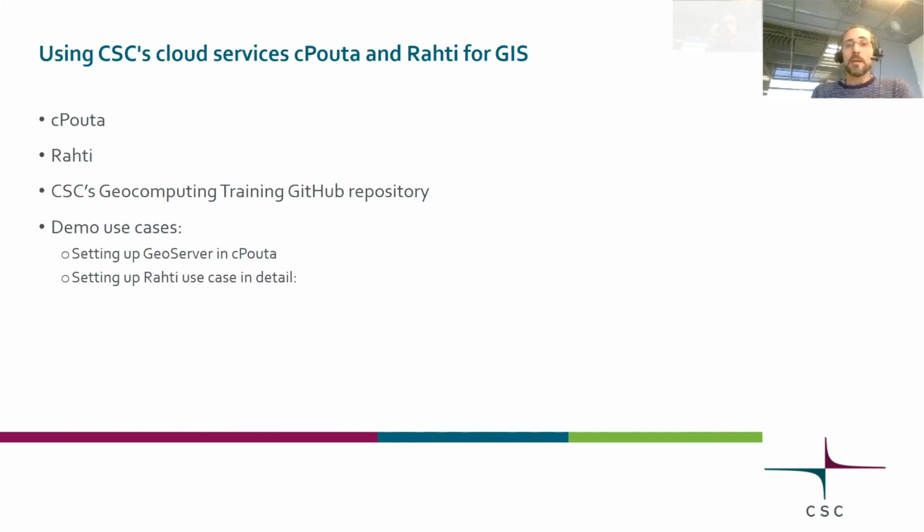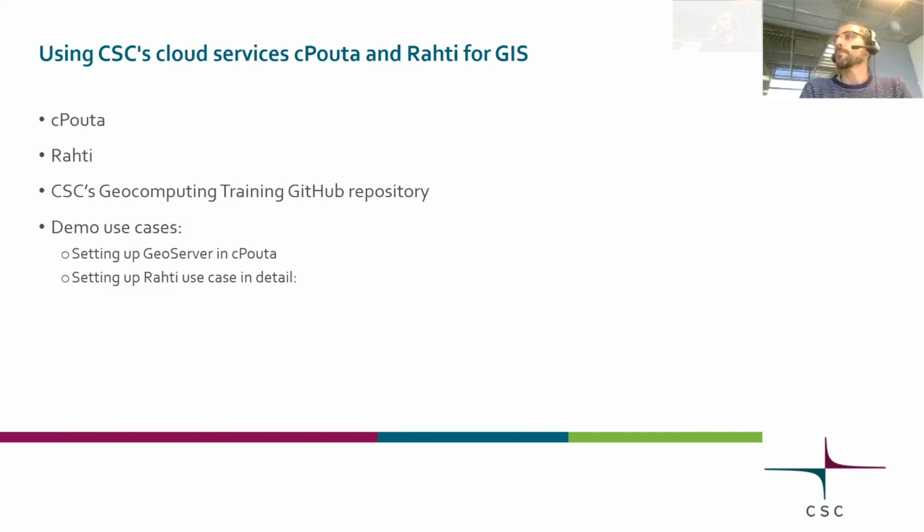But I wanted to present today our two main cloud services in CSC, and these are CPouta, or actually Pouta in general, which is a platform where you can develop your own virtual machines, where you can install any software that you might need, including your computing related software.